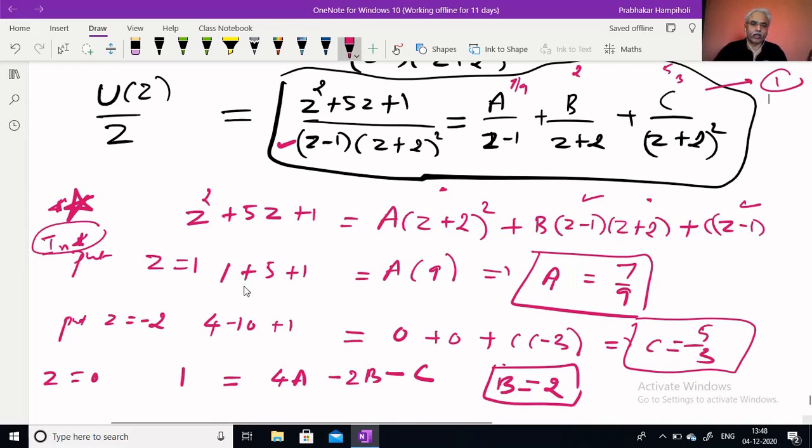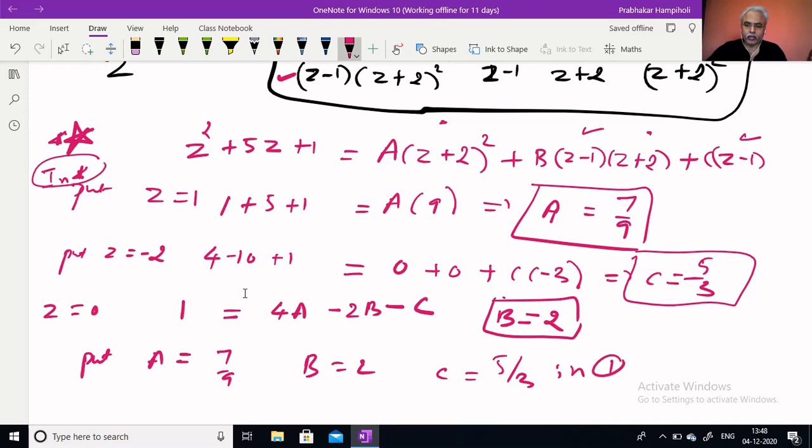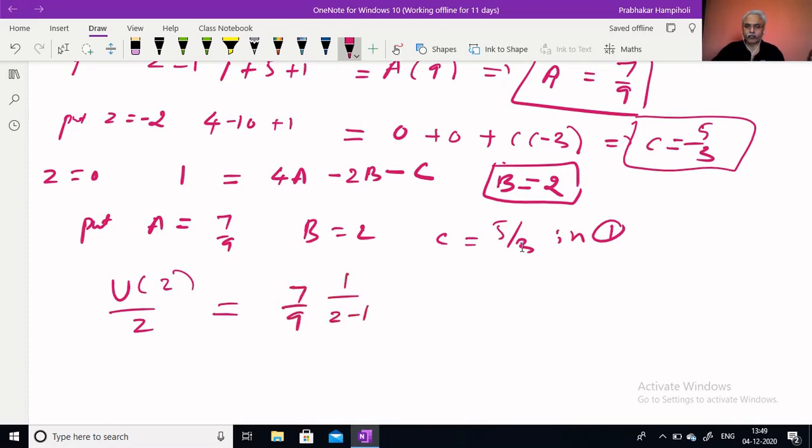Put the values of A, B and C in equation 1. So u(z)/z now looks like this: 7/9 into 1/(z−1), plus 2 into 1/(z+2), plus 5/3 into 1/(z+2)².